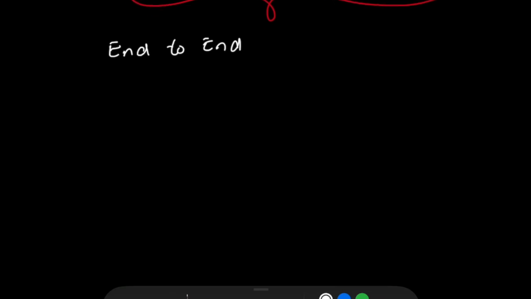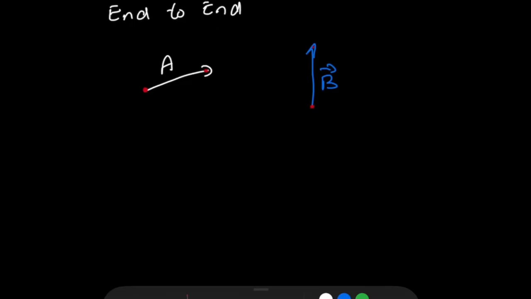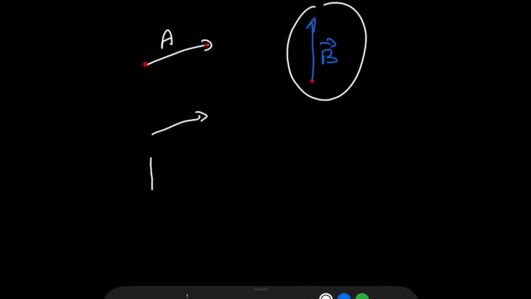We can do addition with vectors. It's called head to tail. Let's say we have a vector and we have b vector. This is a initial, final, initial, final. So a, and we can add b like this.